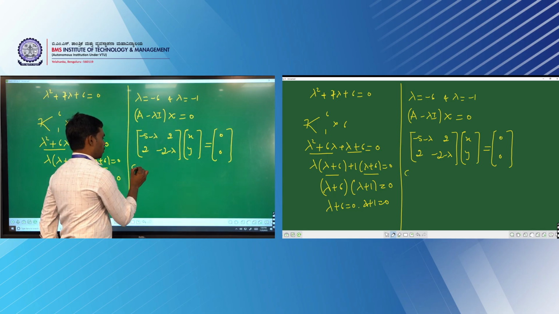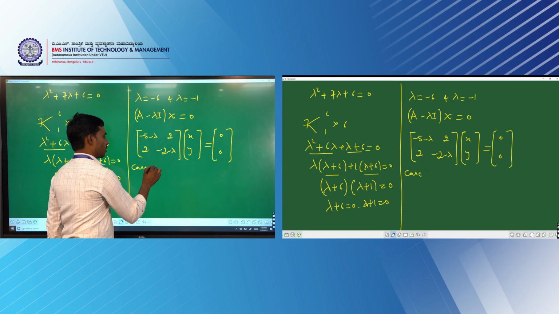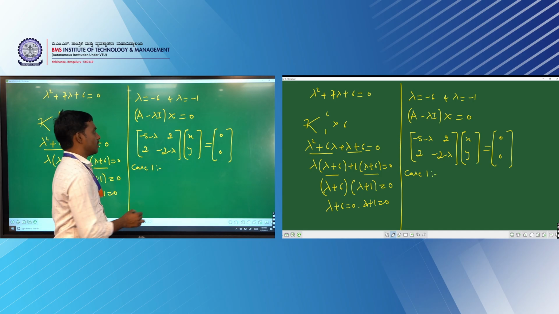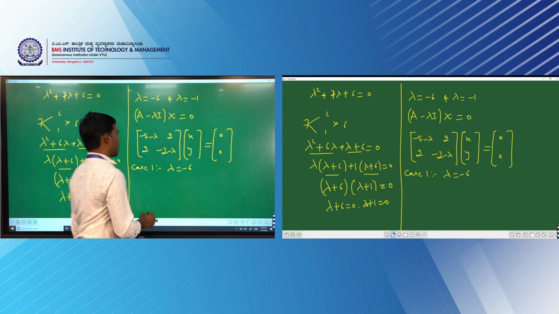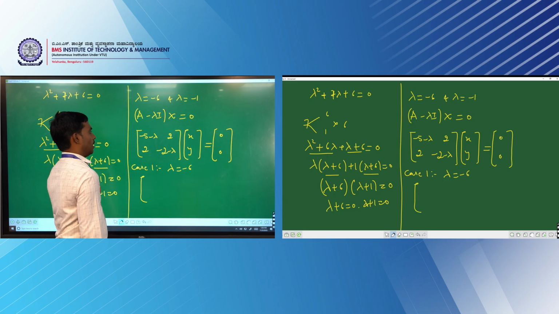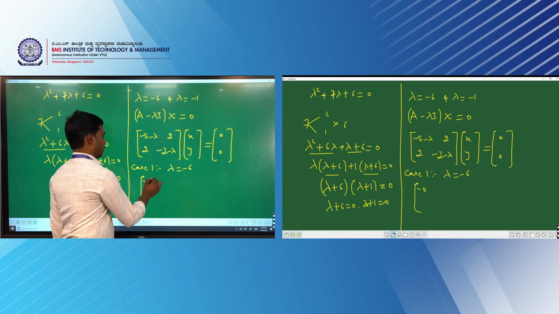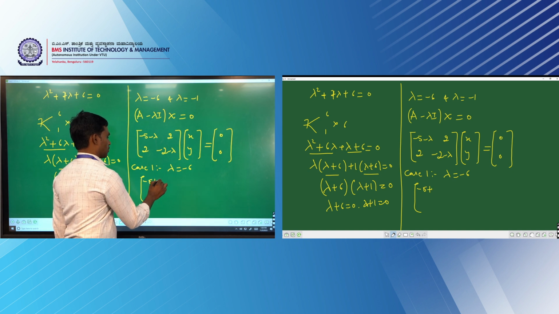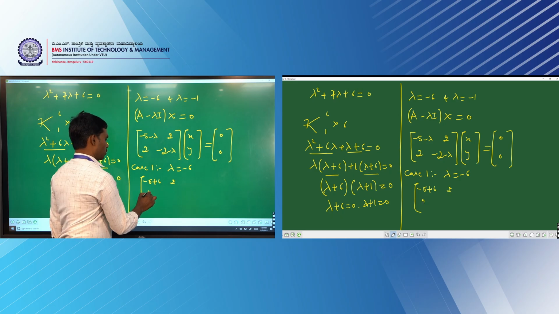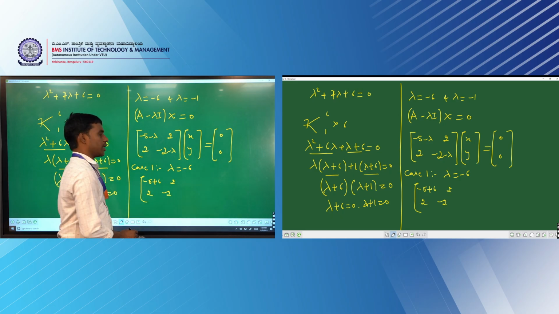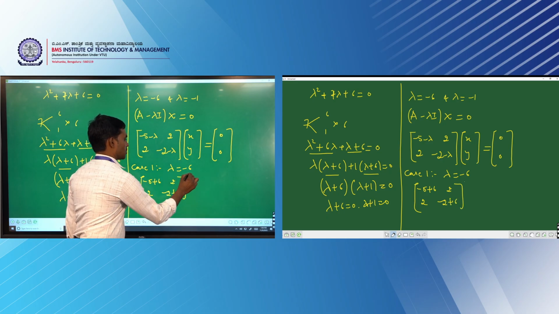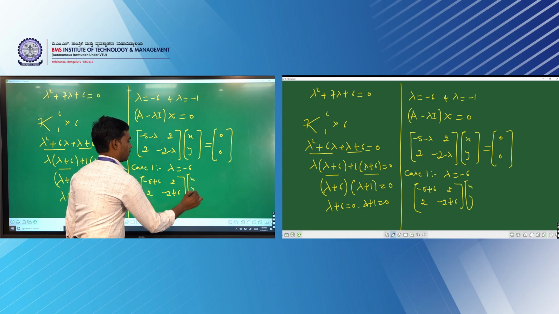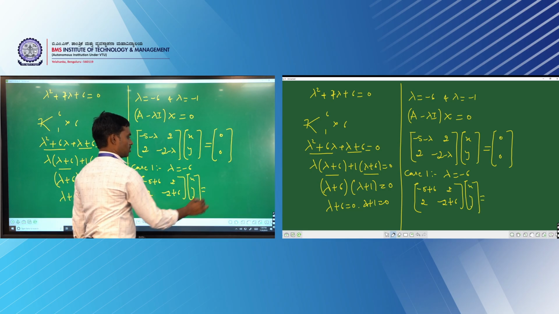Now, case 1: we have to find the eigenvector for each lambda value. So now we will take lambda equal to minus 6. The matrix becomes minus 5 minus of minus 6, and then 2, minus 2 minus of minus 6, times x, y, equal to 0, 0.